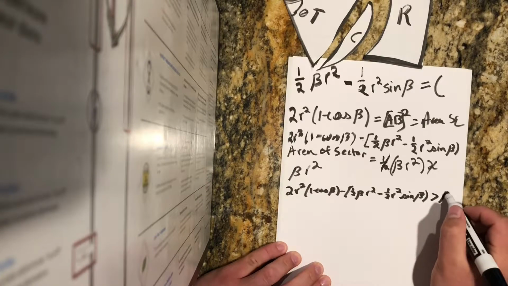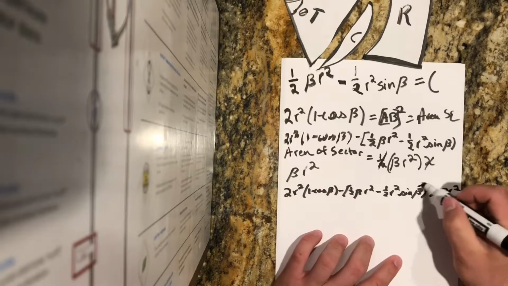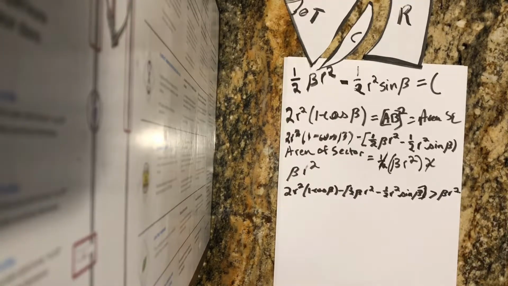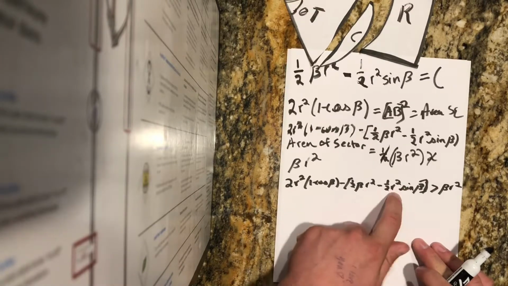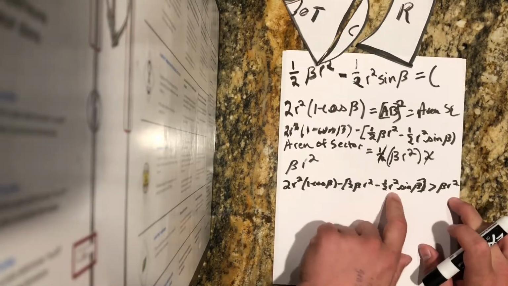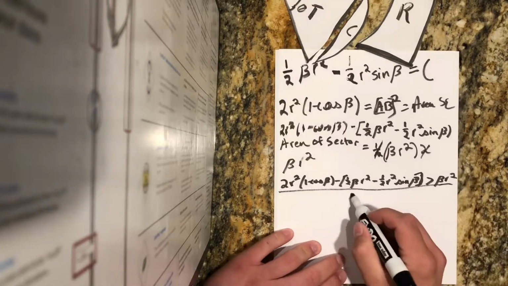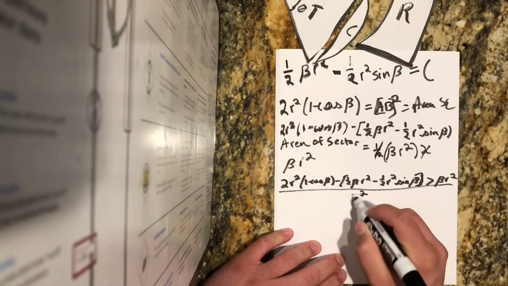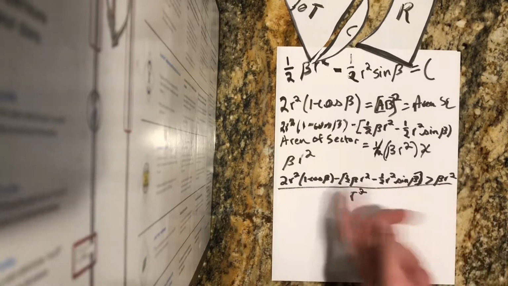But now if we look at this whole thing, we can do a little simplification, because there's an R squared in every term. So let's divide the whole thing by R squared. It's going to be a big fraction. Now we can cancel out all these R squareds.